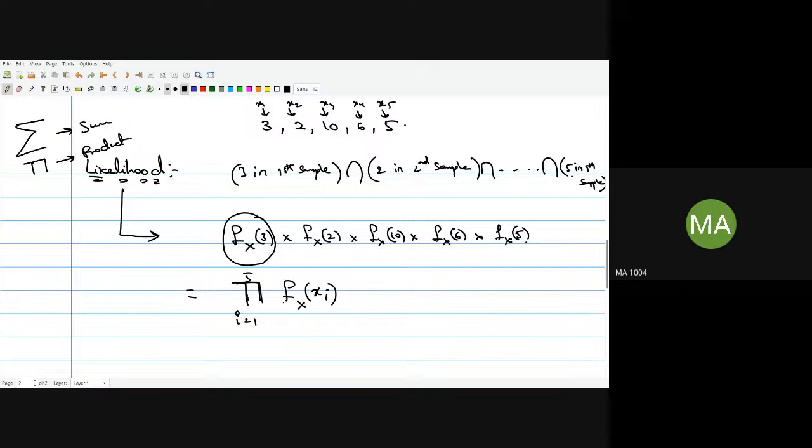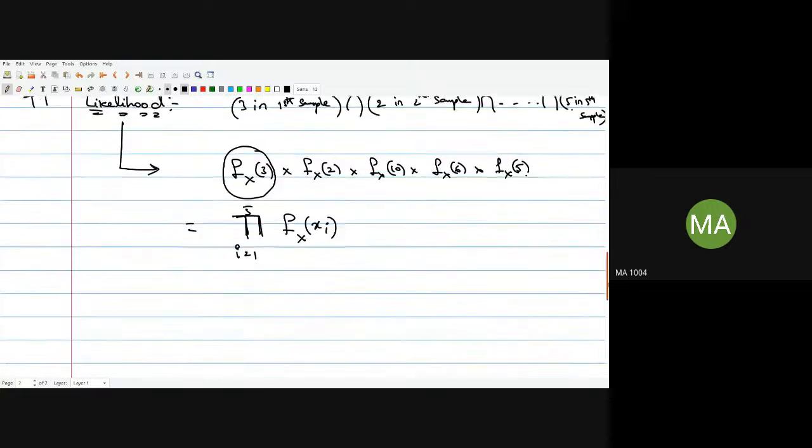So this likelihood function is a function of the samplings. You have observed what samples you got, so this is called a sampling, and your likelihood is a function of this sampling.